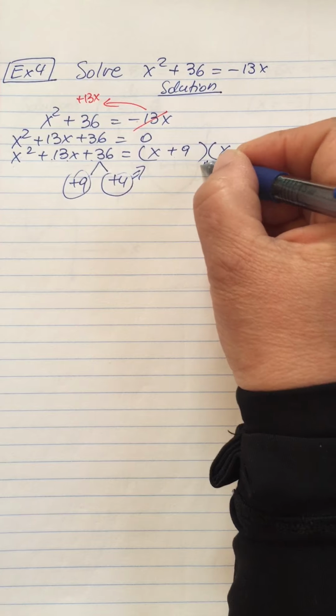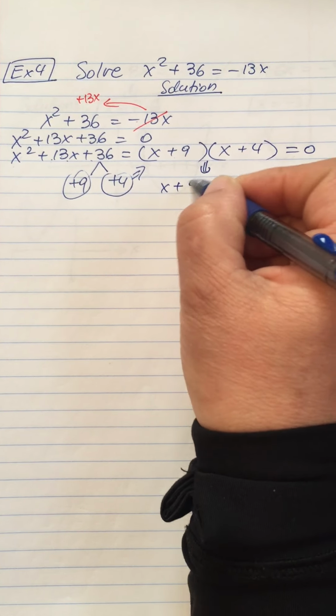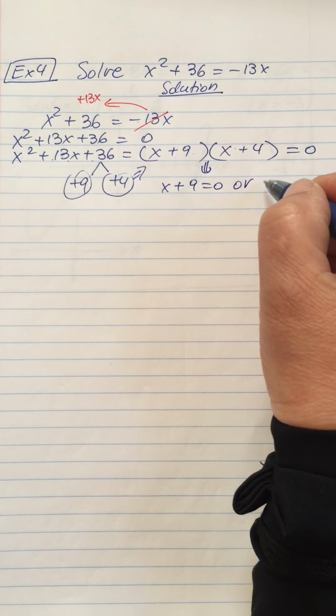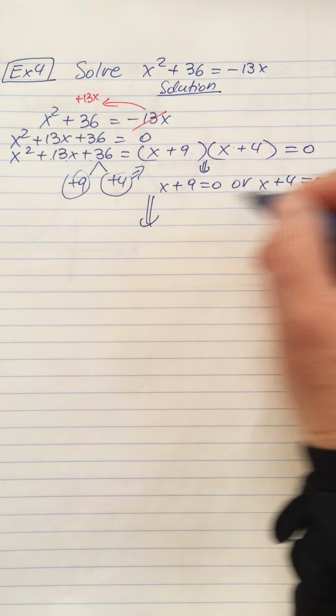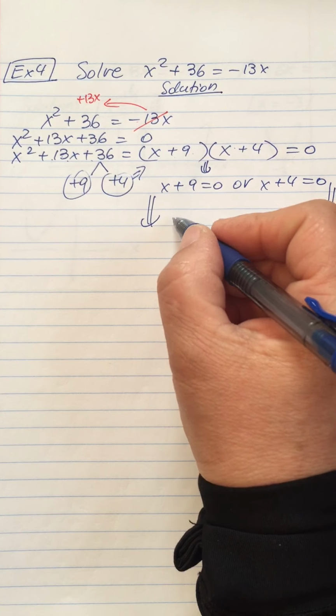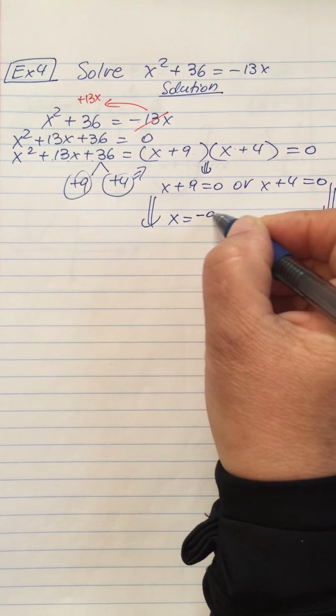Now I will use the zero property. I will set each factor equal to 0, x plus 9 equal to 0, or x plus 4 equal to 0. And immediately I have the solutions. So what are the solutions? Here the solution is the opposite sign, negative 9.